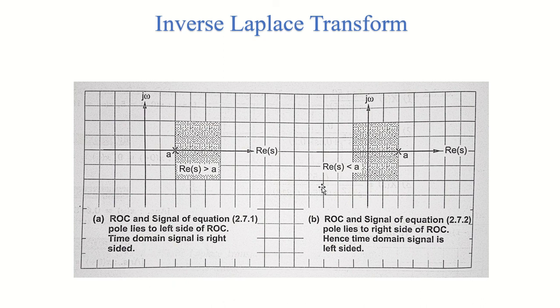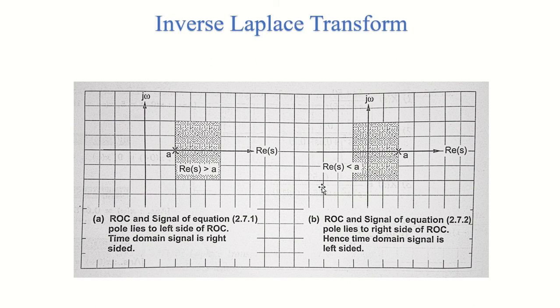And again, if the ROC is totally right sided, then the time domain signals due to all the poles will be right sided.